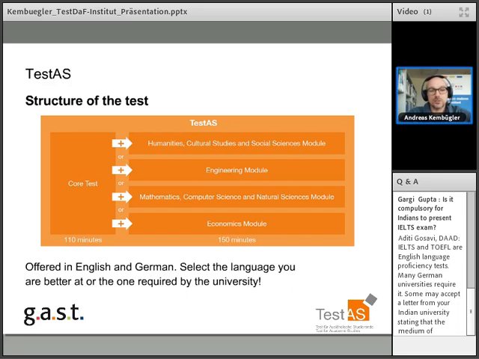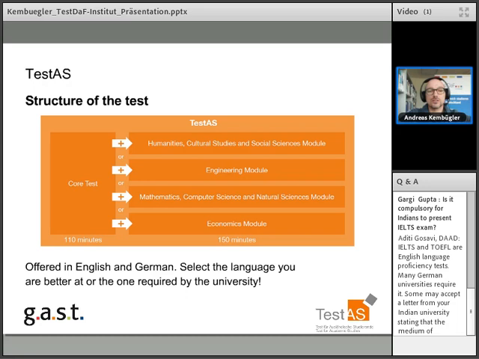The test has two parts. There's a core test that proves general cognitive abilities that are needed for studies.